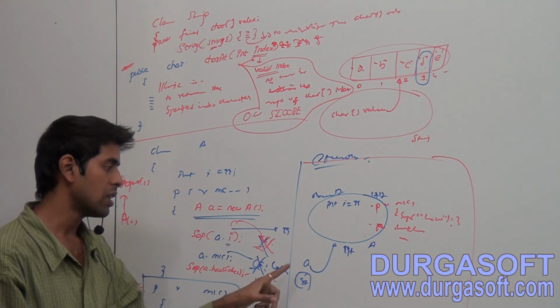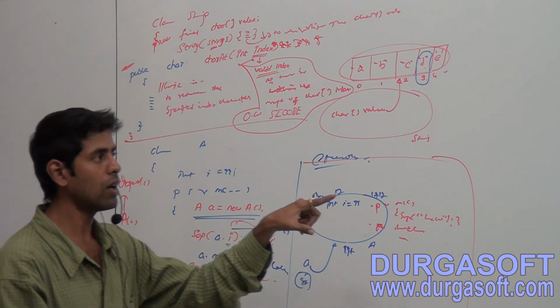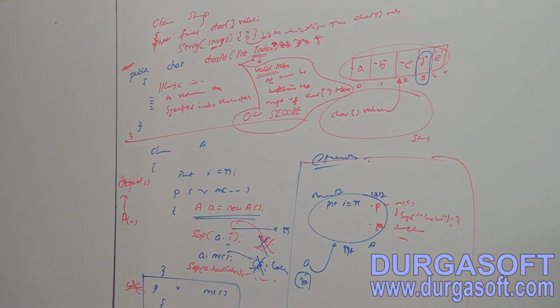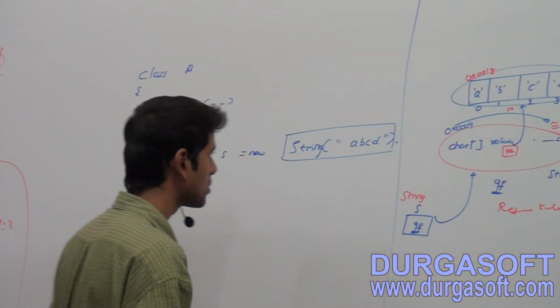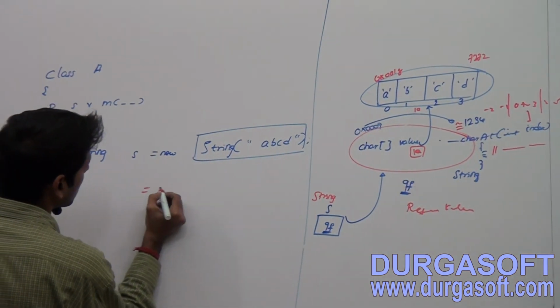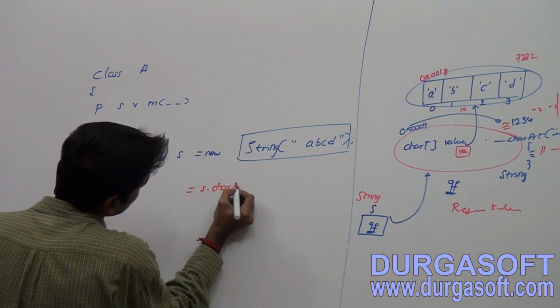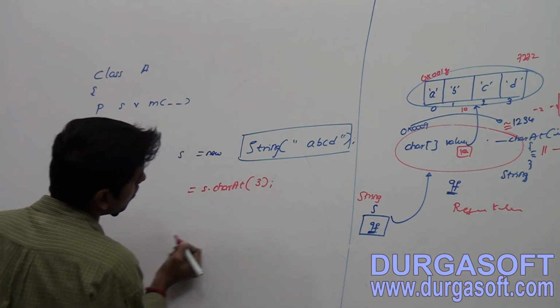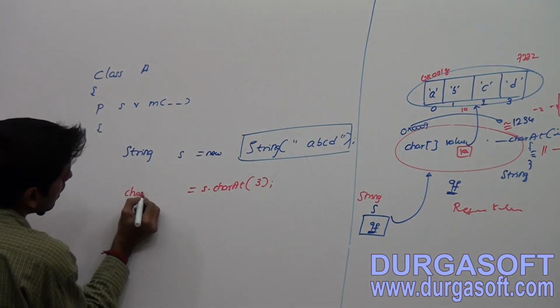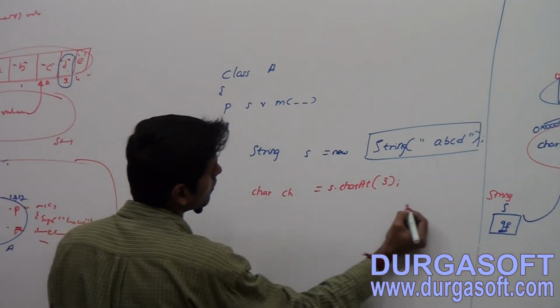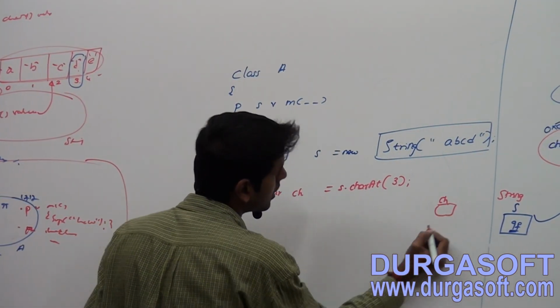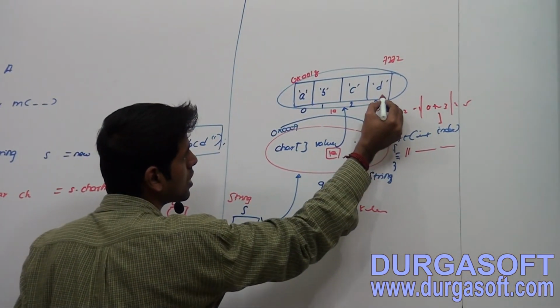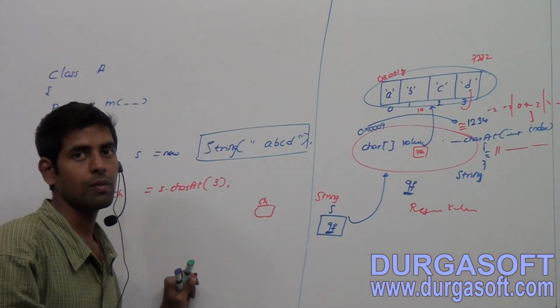So let me call. This is a.m1. Now how to call here? s.charAt of 3. What happens? It will return a char. What is that char? At the third index, what is the character available?